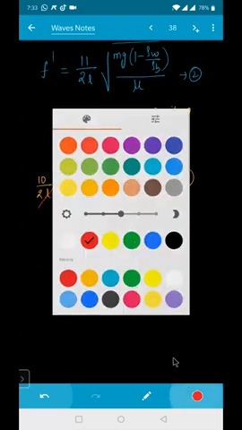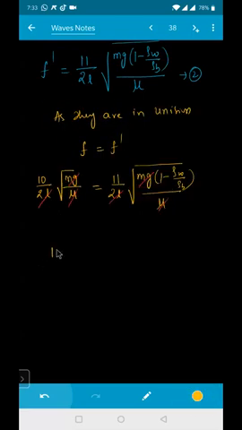So ultimately 10 equals 11 under root of 1 minus density of water divided by density of body, isn't it?